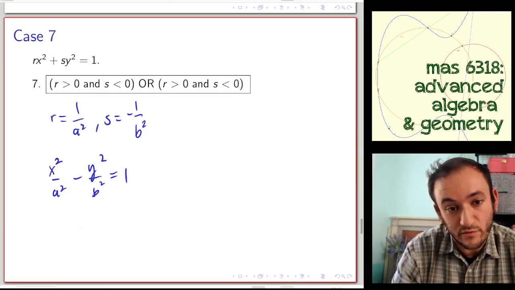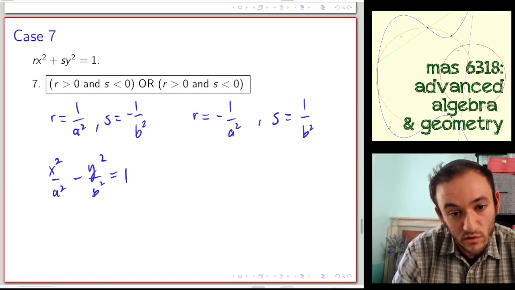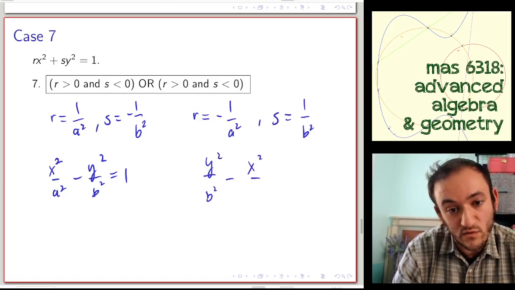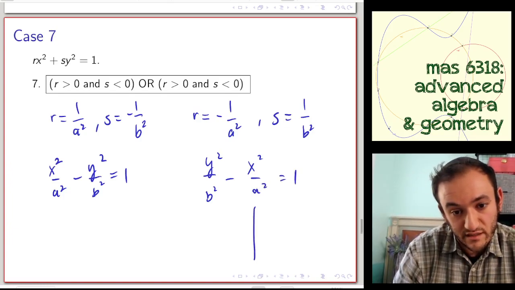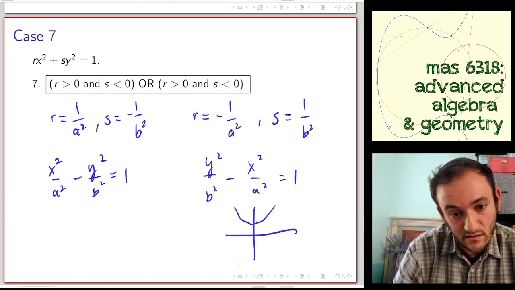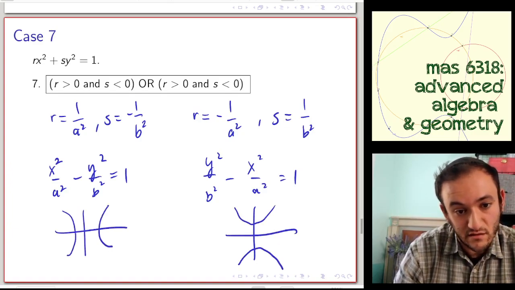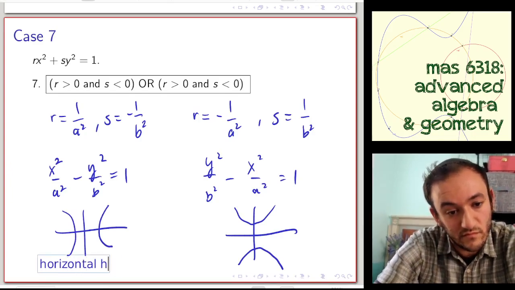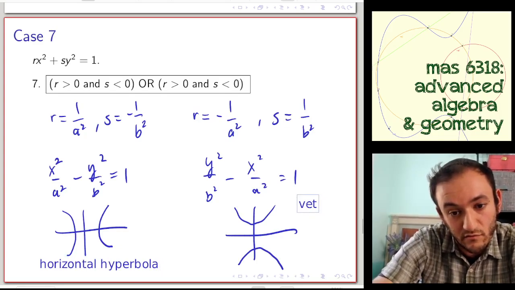And from this one, if we get the exact opposite, r equals minus 1 over a squared, s equals 1 over b squared, we're looking at y squared over b squared minus x squared over a squared equals 1. This gives you a vertical hyperbola, so you get something that looks like this. Whereas this gives you something that looks like this. And this is a vertical hyperbola.